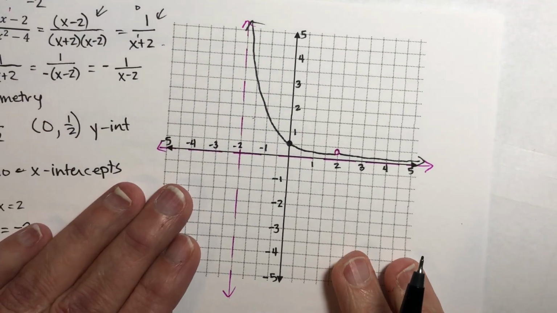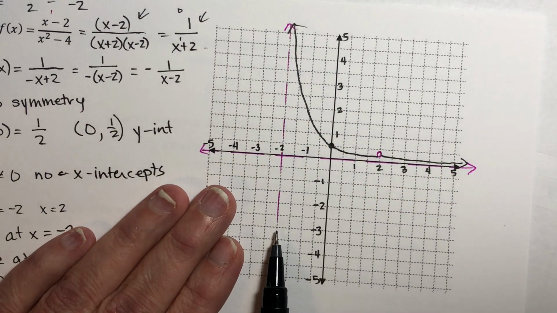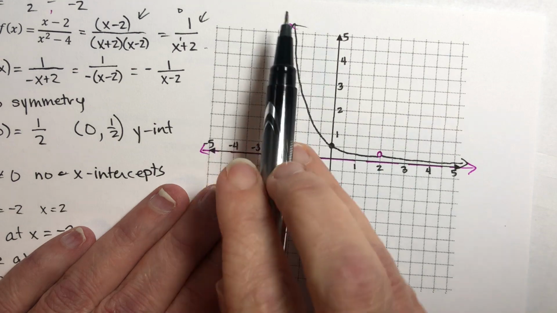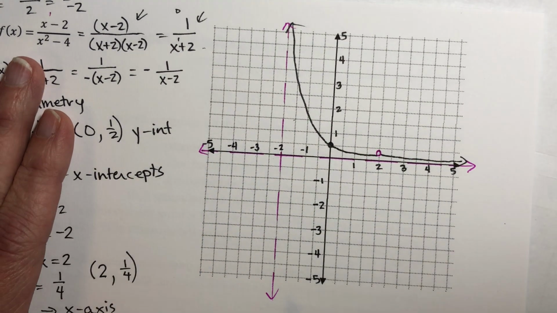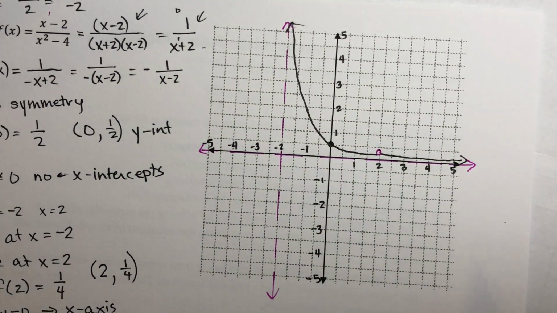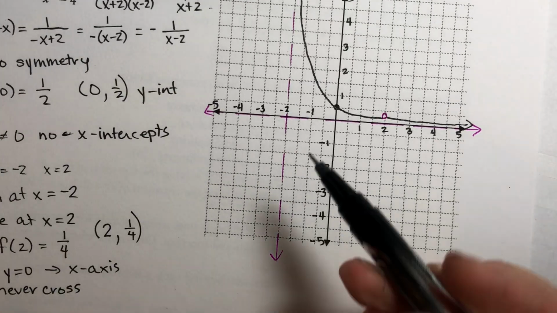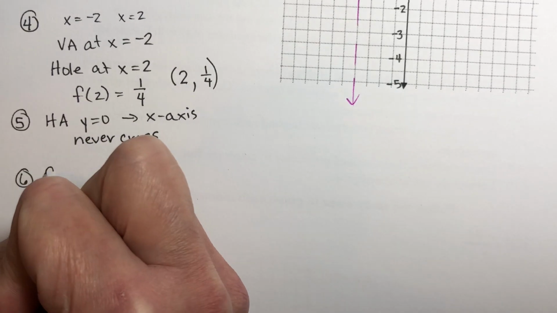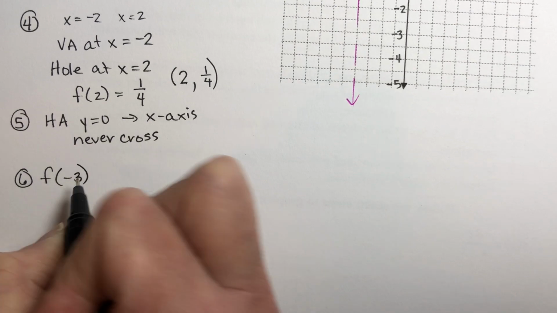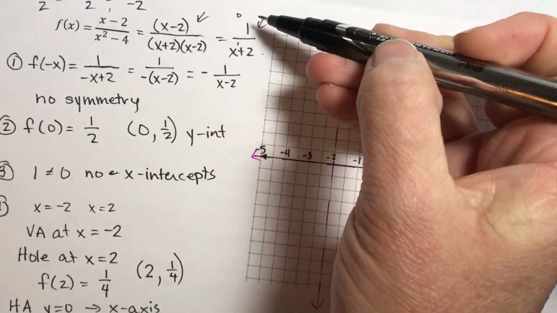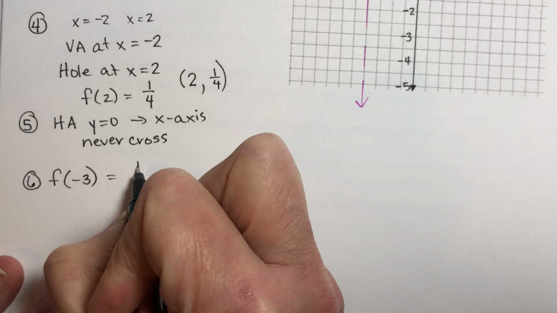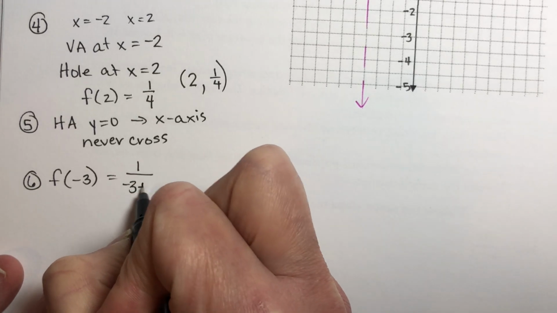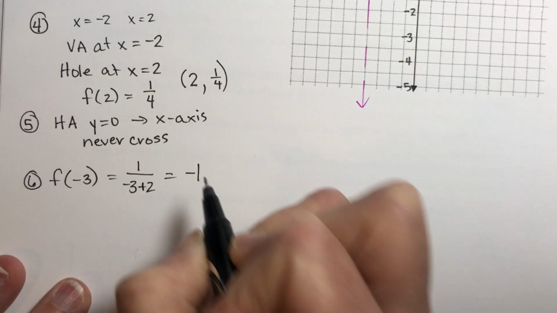Now for this side of this asymptote, I have to figure out whether my graph is up here or down here. That just means plugging in one more point. Let's try -3. So this is step 6. Let's find f of -3. That will be 1 over -3 plus 2, which ends up just being -1.